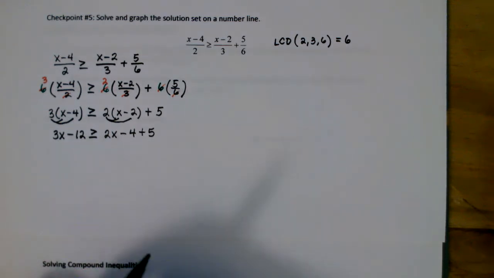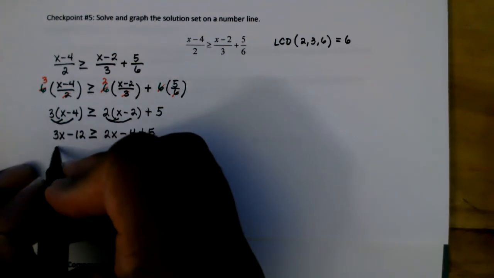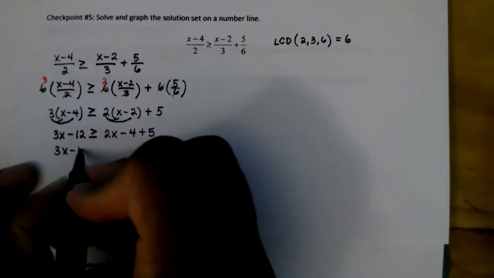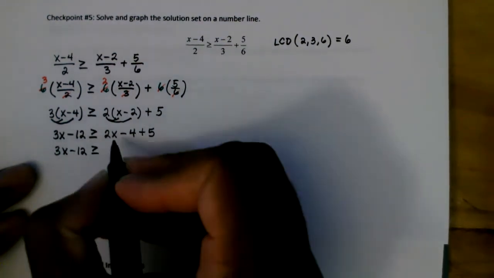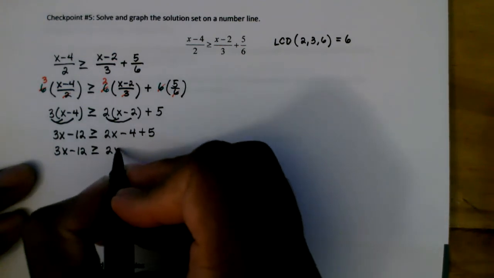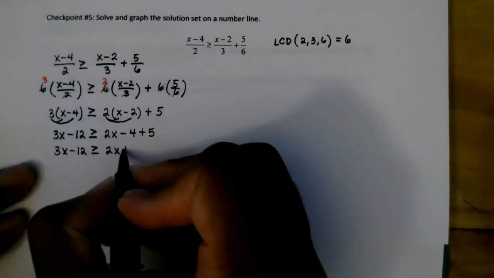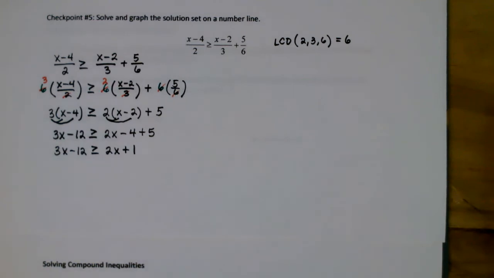Now on the right side, you need to combine like terms here, so I'm going to bring down 3x minus 12 is greater than or equal to 2x, and then negative 4 plus 5 would be plus 1.